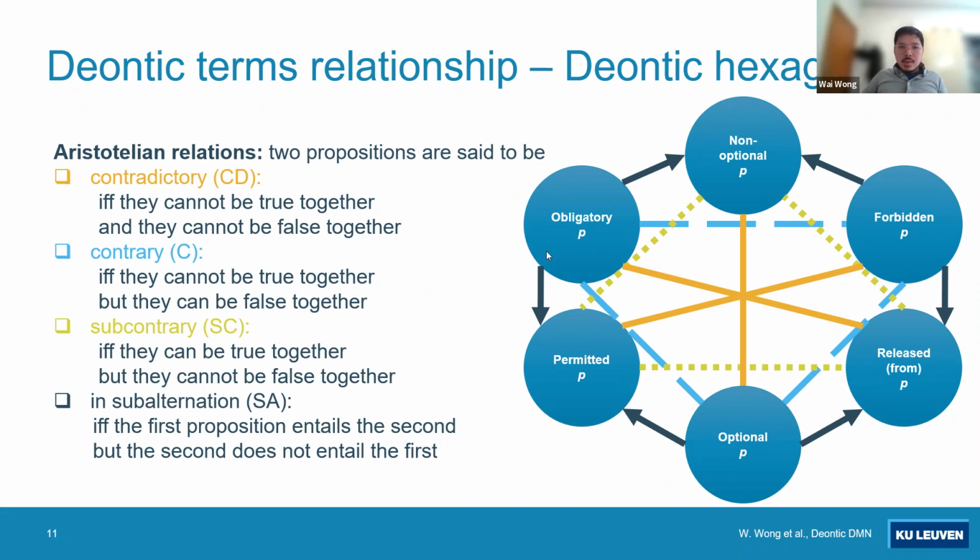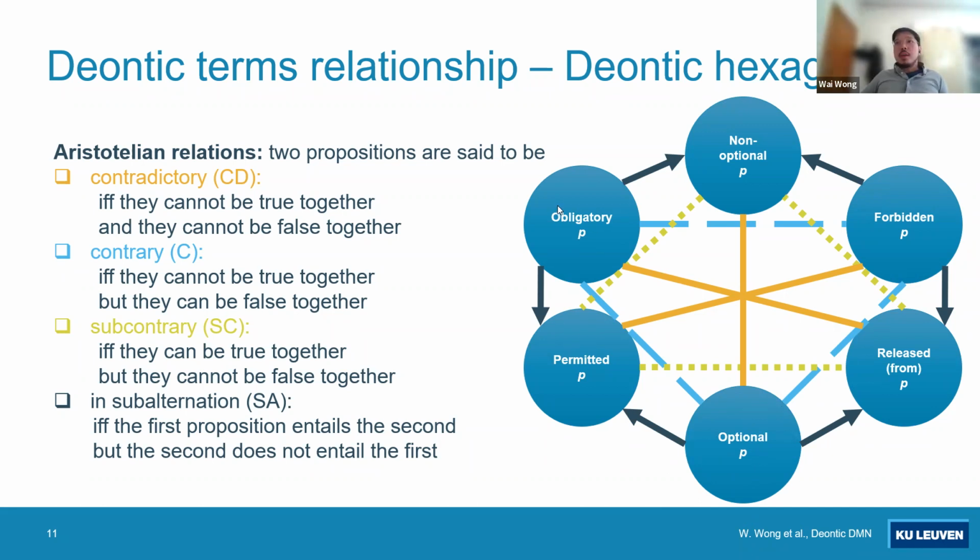In this relationship, what we call entailment or strict entailment, or in philosophical terms subordination, means that the first one implies the second one. If you're obligated to join this Zoom call, it implies that you're allowed to join it. I can say the same about another relation: if it is optional to join this Zoom call, this also implies that you are allowed to join this Zoom call, and so on.